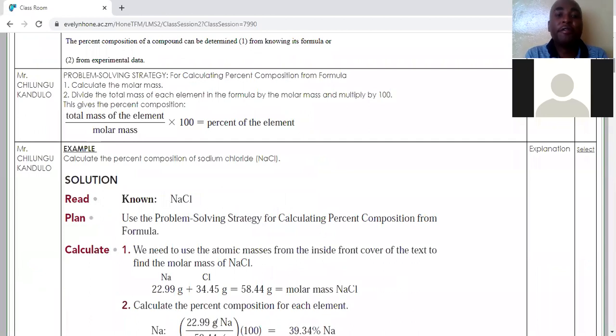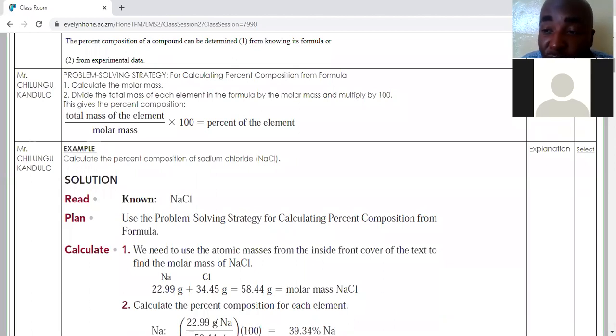For the formula, you just calculate the molar mass, then you calculate the total mass of each element. Then the total mass of the element over the molar mass, when you multiply times 100, gives the percent of the element. We can also give you the percent and ask you for the total mass of the element.